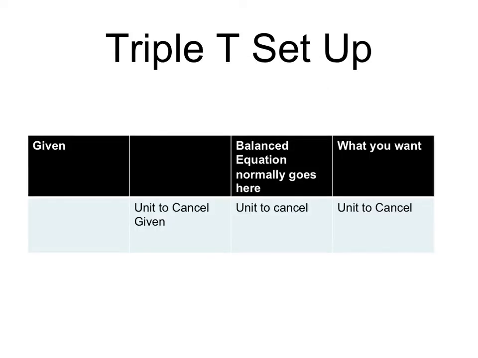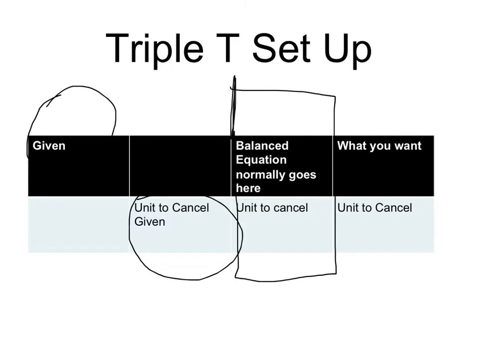The setup for a triple T is this basic setup here. Whereas before with the 1T and 2Ts, our given is going to go in the far upper left. Your unit to cancel is going to go down here to cancel. Then the only really new step is this step right here.